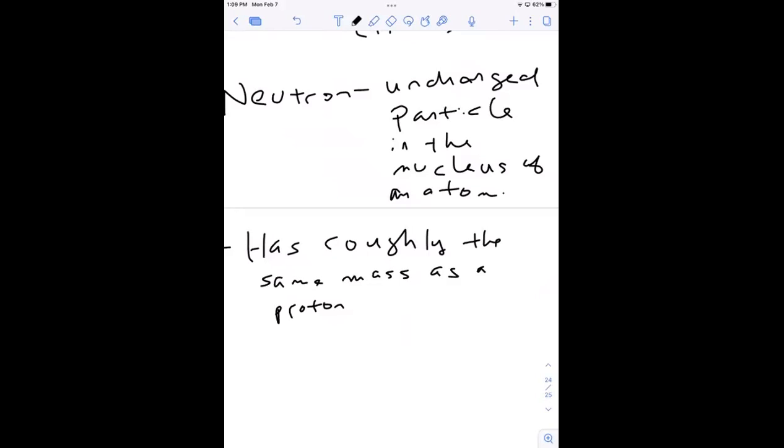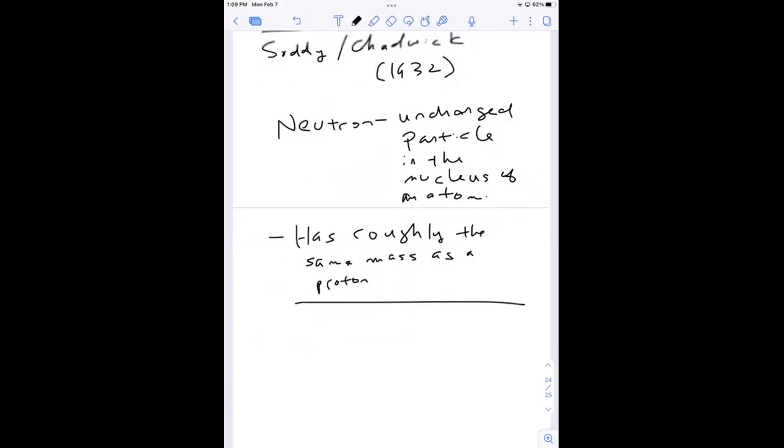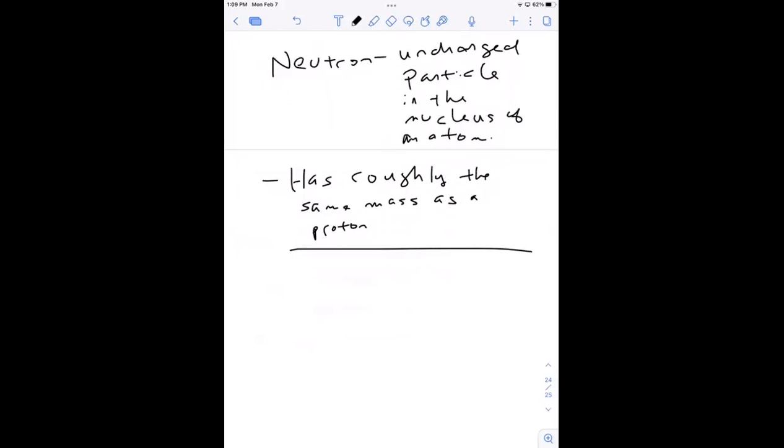All right. So again, this also led to another discovery. So the discovery of the neutron gave us what we call isotopes, right? These are atoms or elements that differ only in atomic mass. So it's the exact same element, but it has a different atomic mass. And we're going to talk about this quite a bit.